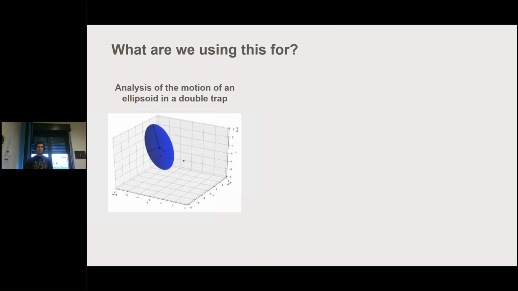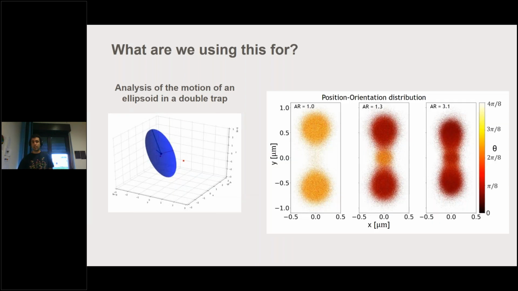And if we study this system with a little bit more detail, we can see, for example, how the equilibrium position of the particle depends on the aspect ratio of the ellipsoid. The equilibrium positions come closer to each other when the aspect ratio of the ellipsoid is larger. We can even find some different equilibrium positions between traps. We are only having 2 traps, but we have 2 equilibrium positions.